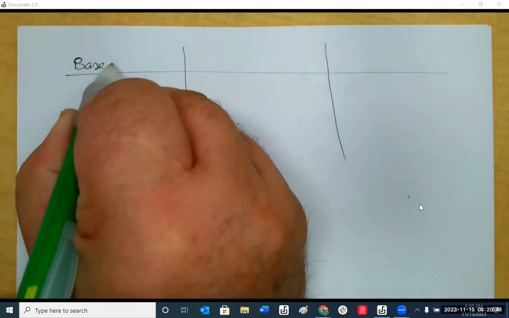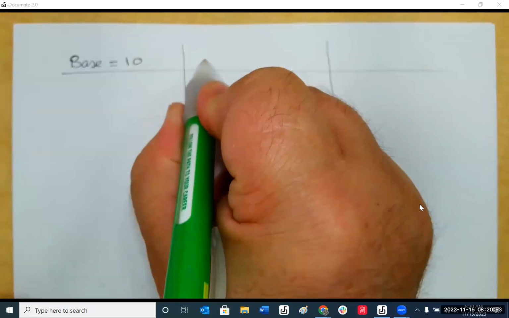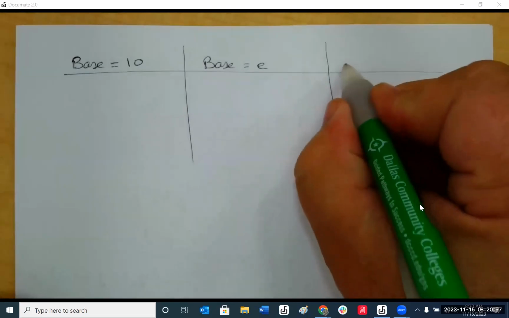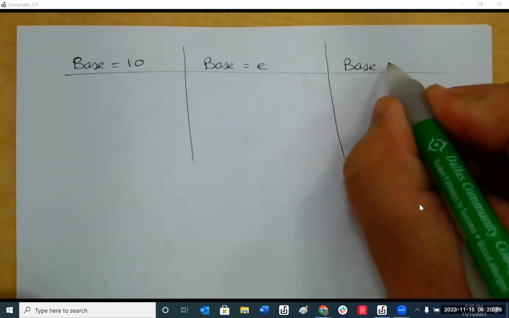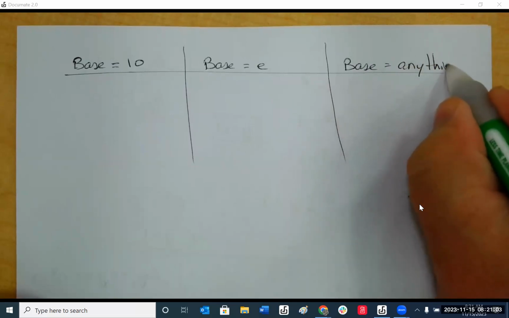If the base is 10, if the base is e, if the base is anything else.